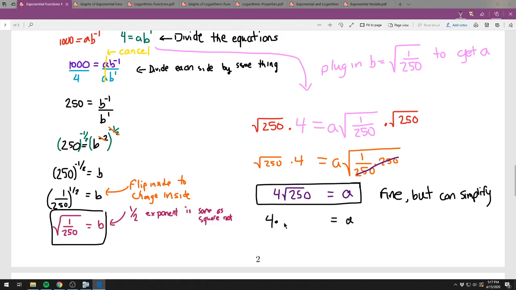And square root of 25 is 5. Write it on the side here. Square root of 10 does not simplify, so that's stuck inside. Right, the 25 comes out of the square root as 5. The 10 is stuck inside the square root. And we get 20. 4 times 5 is 20 times the square root of 10 is a.